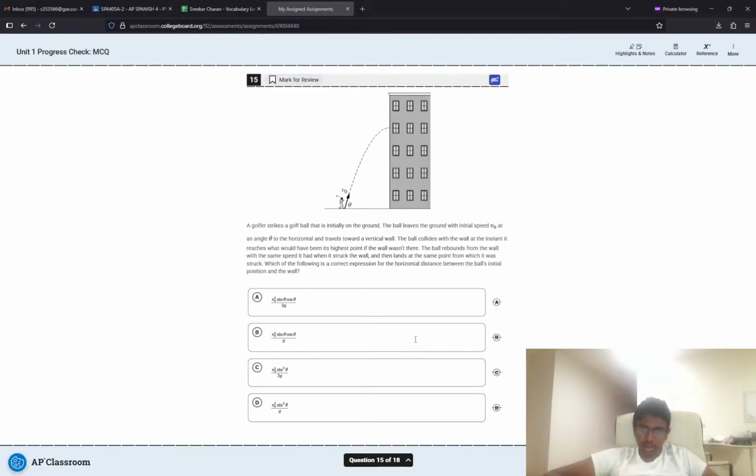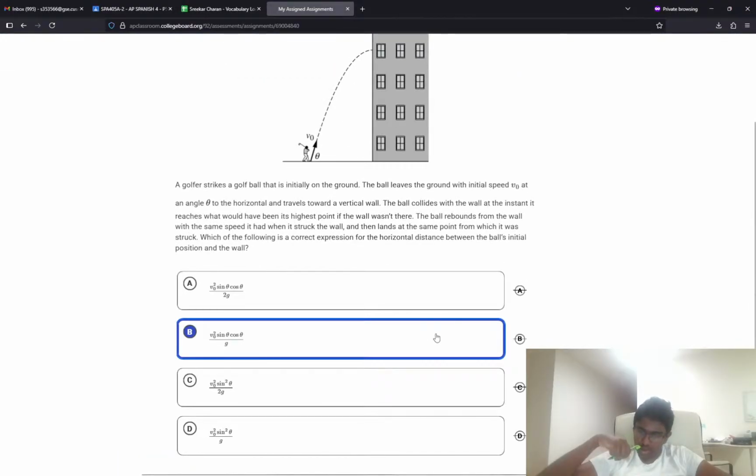So, okay, so position of the wall is going to be Vx times T wall, VO cosine theta multiplied by the new time identity, which is VO sine theta over G. Yeah, so this seems like that would be the answer.